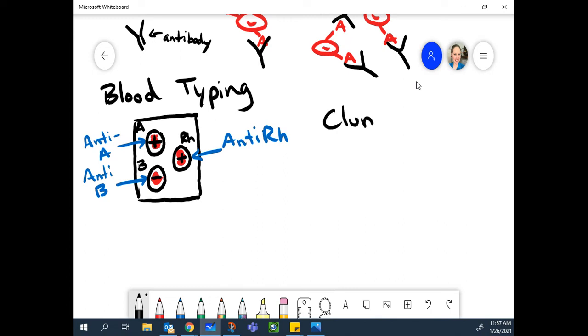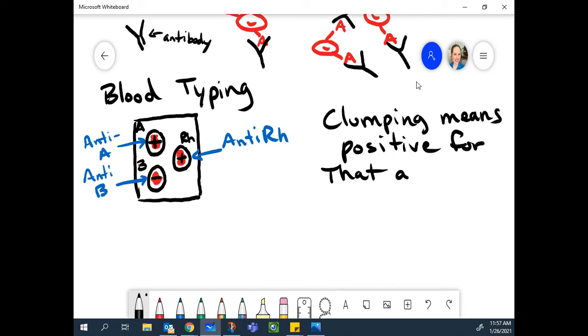So then all you have to do is say, if there's clumping, that protein is there. So clumping means positive for that protein, or agglutinogen. It means we saw agglutination. So this one has clumping in A, it has clumping in RH, but it does not have clumping in B. What would be that blood type?